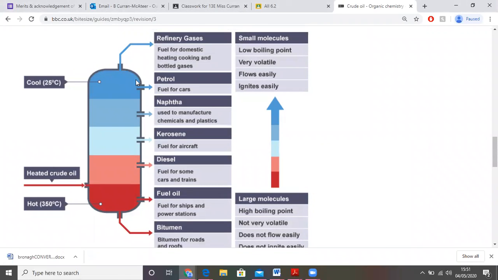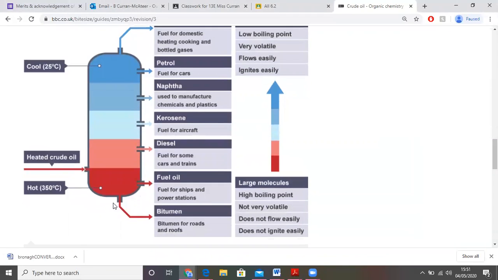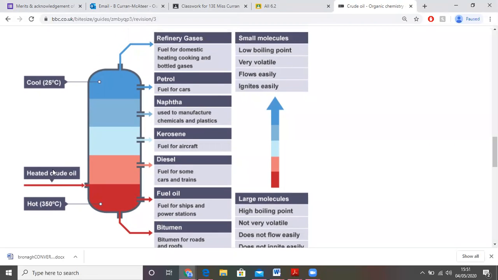Fractional distillation is where you put everything into a hot column where everything becomes a gas, and then you separate the compounds based on their boiling points. You throw in your mixture of all sorts of different hydrocarbons, some very large with very high melting points and boiling points, and some much smaller with much lower boiling points.